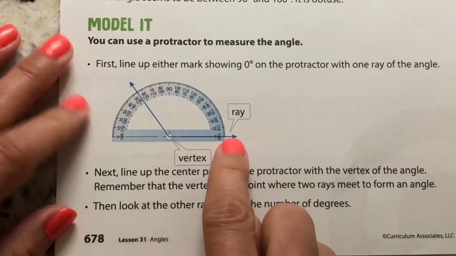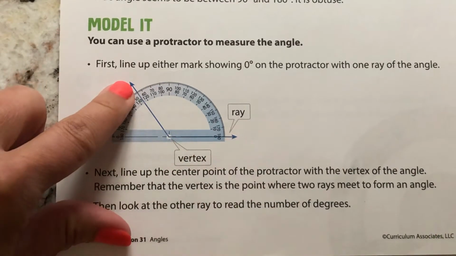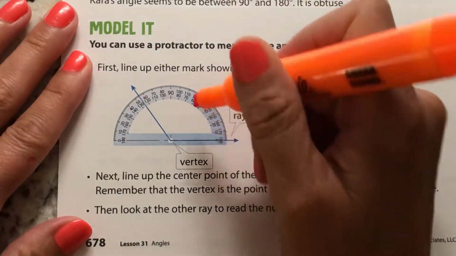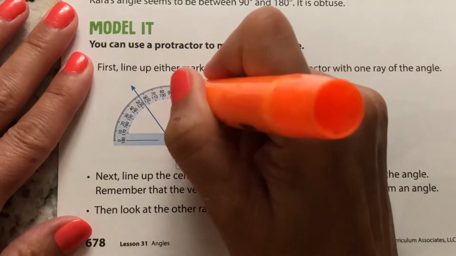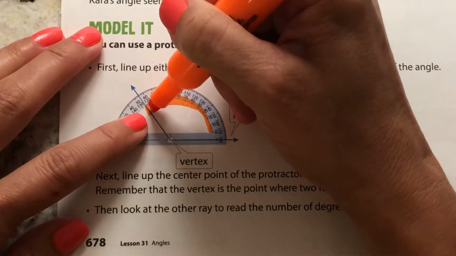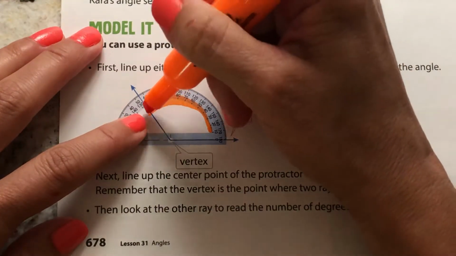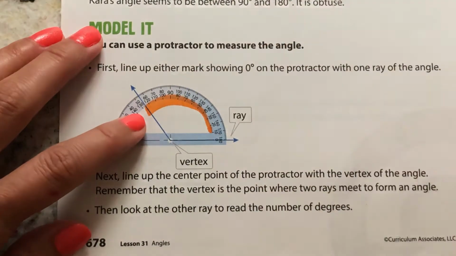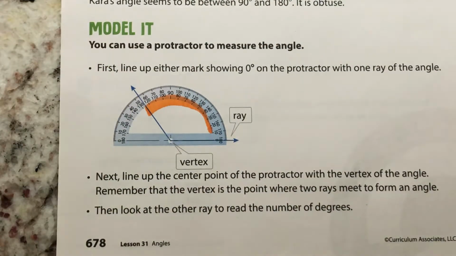So once this is all lined up, you look at the inside measurements if the ray opens to the right, and we see that this measurement is in between the 120, 130 to make it about 125 degrees.